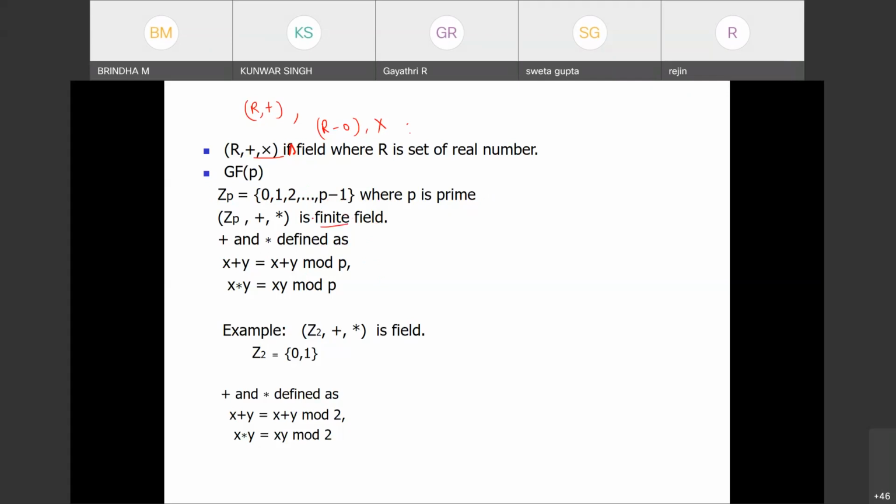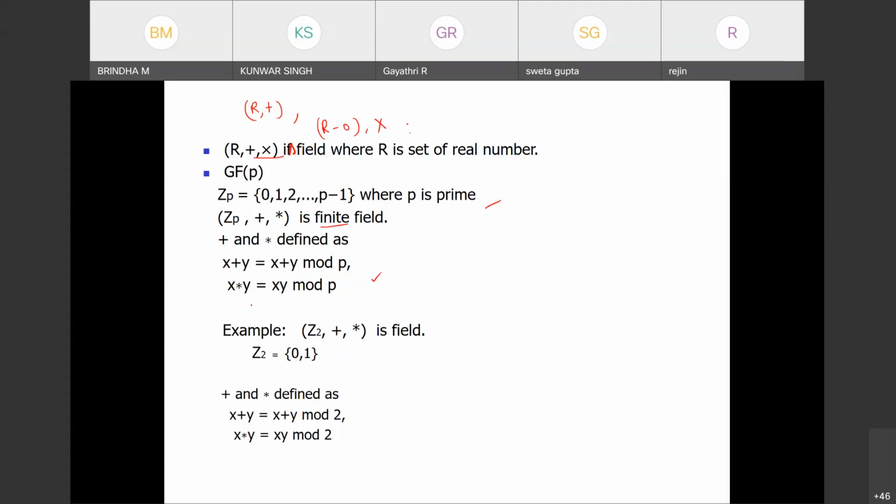Finite field means it has a finite number of elements; P elements should be there. Addition is defined as addition modulo P, and multiplication as multiply modulo P. So Z_P with addition modulo P and multiplication modulo P is a field.